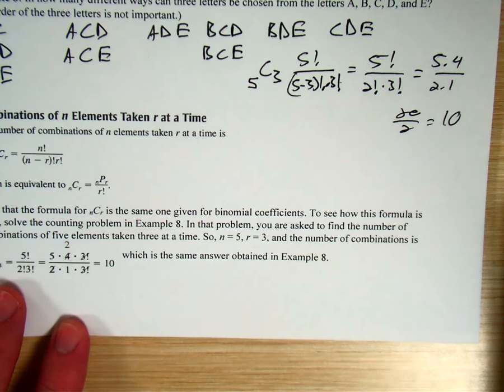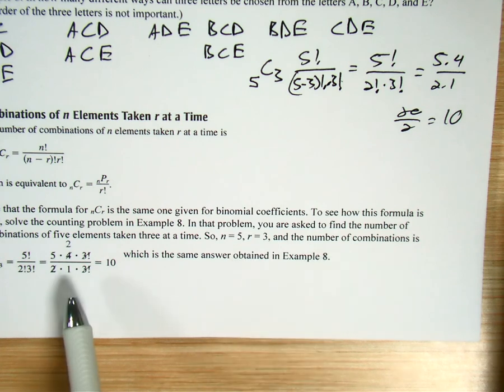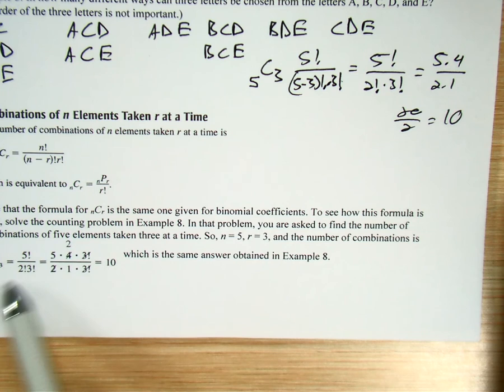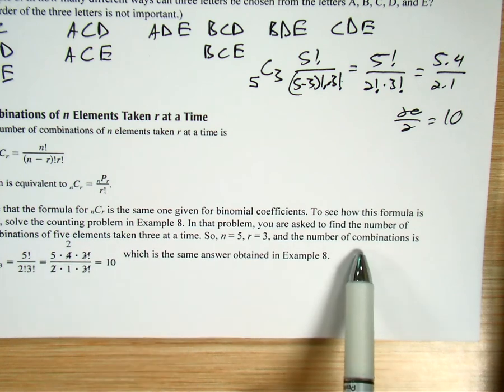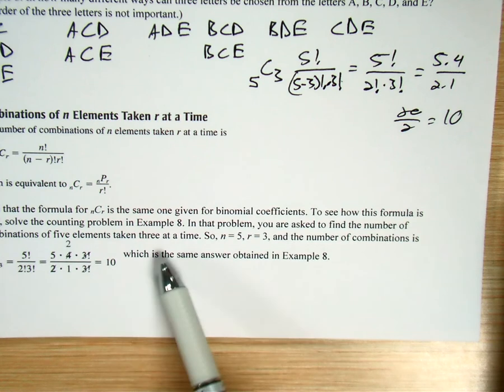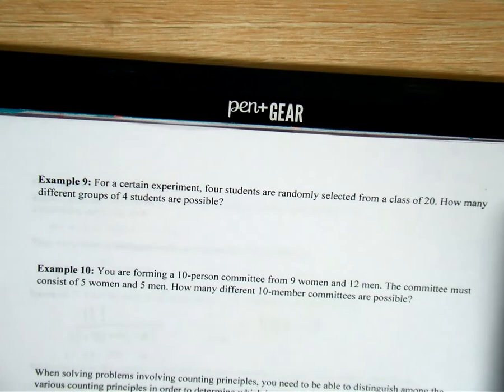To see how this formula is used, solve the counting problem in example 8. You are asked to find the number of combinations of 5 elements taken 3 at a time, and the number of combinations is 10, just like we had just done.